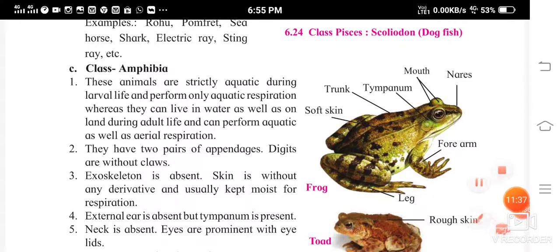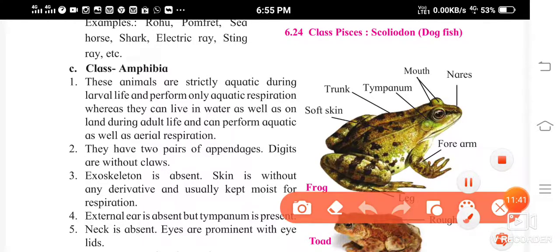Now see, when these frogs are in the larval stage, they are strictly confined to water. Means what? They live only in water and perform only aquatic respiration. Means they can respire only in water. If you take them out of the water, they will not be able to respire, they will die immediately.